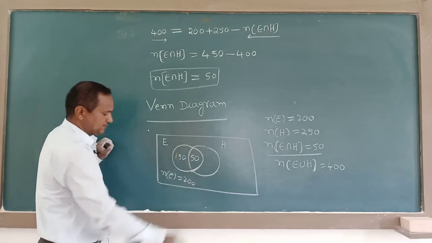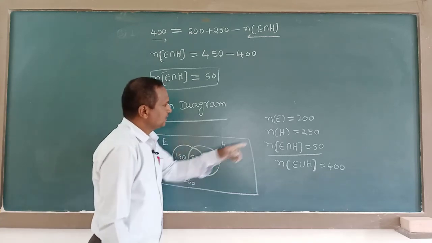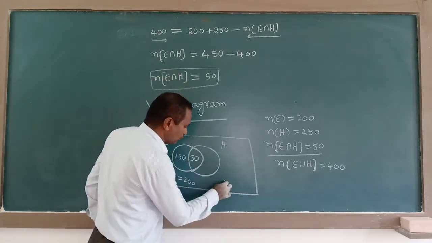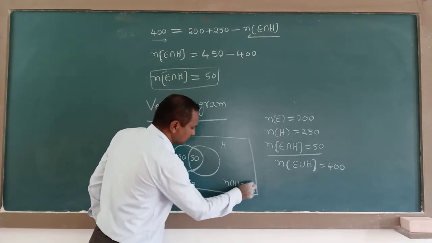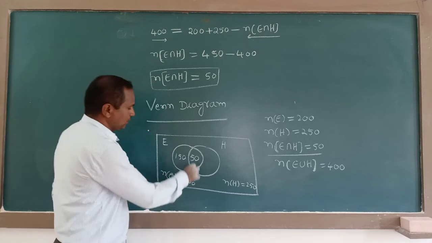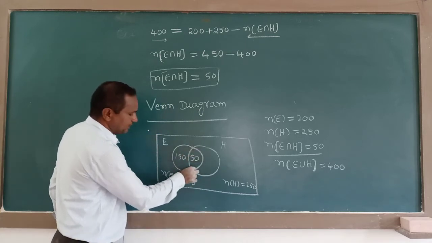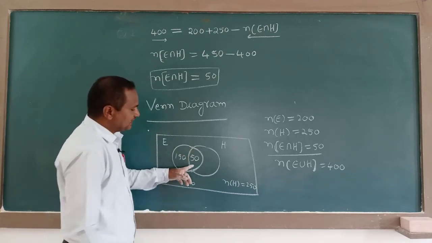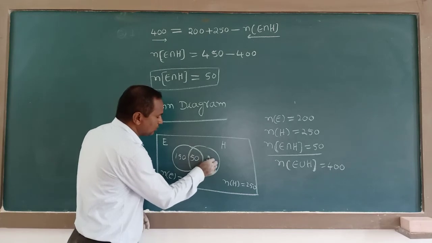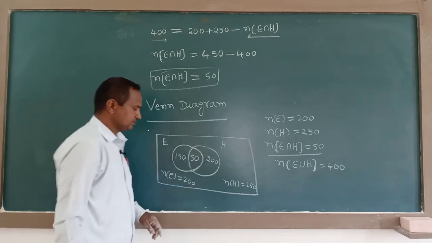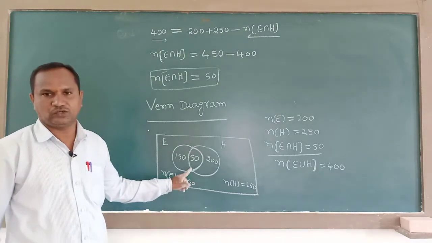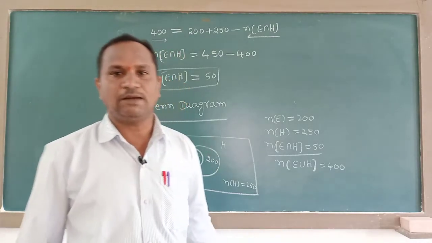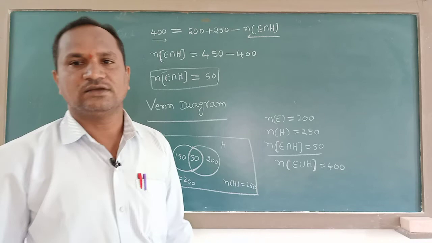Totally 200. Next, n of H they gave 250. Already 50 is there commonly. 250 minus 50 becomes 200. If we add all this, 150 plus 50 is 200, and 200 plus 200, totally 400.